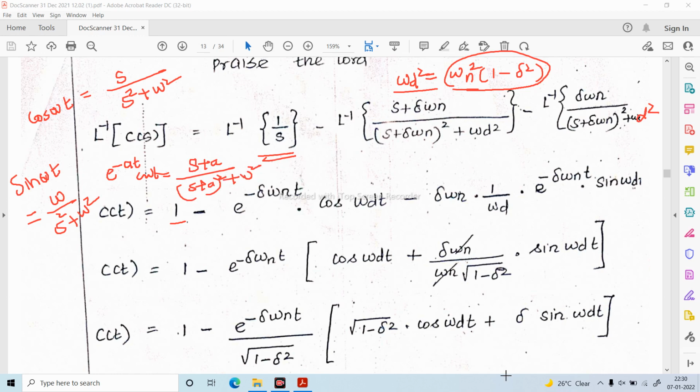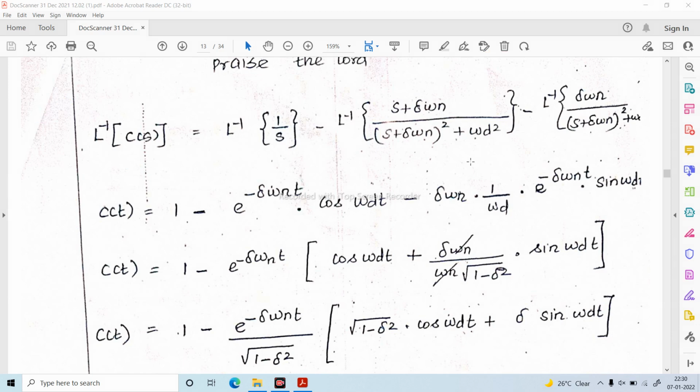In a similar manner, what is the value of s plus delta omega n divided by s plus delta omega n the whole square plus omega d square? First write e power minus delta omega n t into cos omega d t. Already have given the formula. And the second term, minus delta omega n.